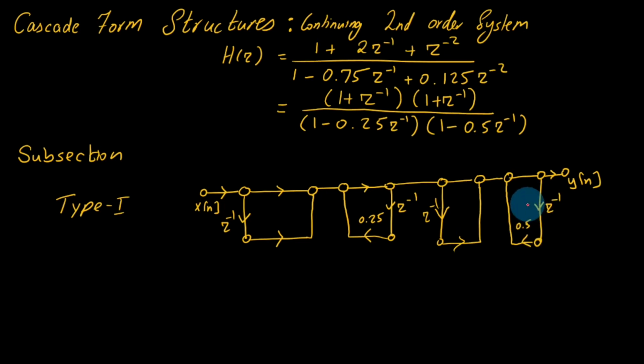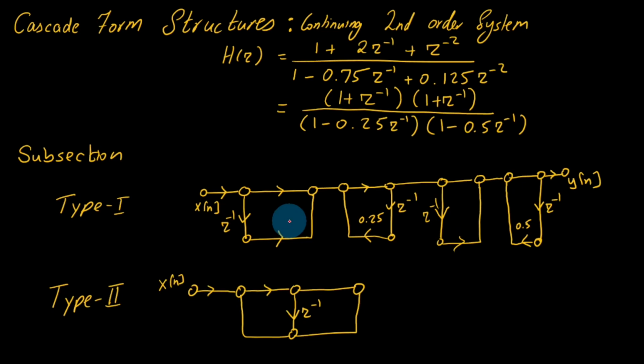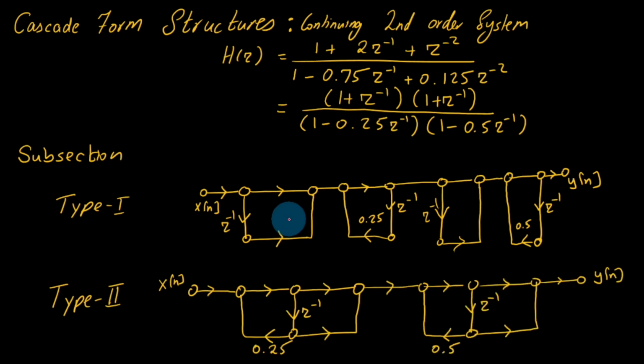So in type 2 subsection, the poles and zeros will be interchanged and we would have less storage requirement in terms of buffer storage. So this pole would go to the left side and this zero would go to the right side. So these two are combined over here in type 2 and similarly these two are combined over here in type 2. So note that because it's an LTI system, you can place this after this subsection, so it would not make any difference.